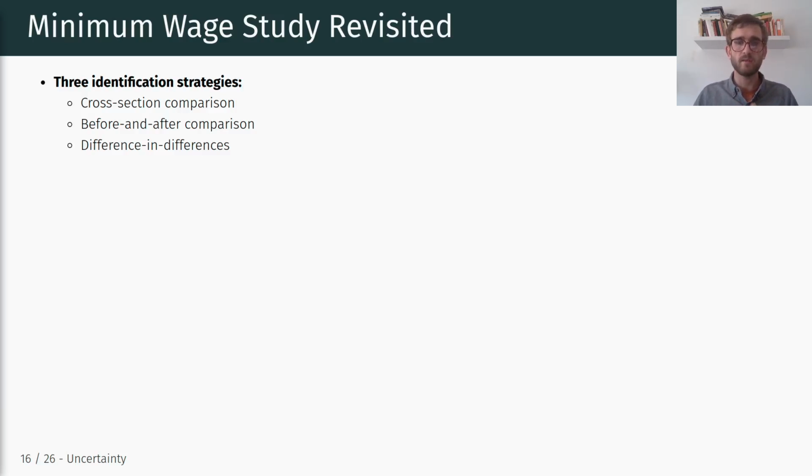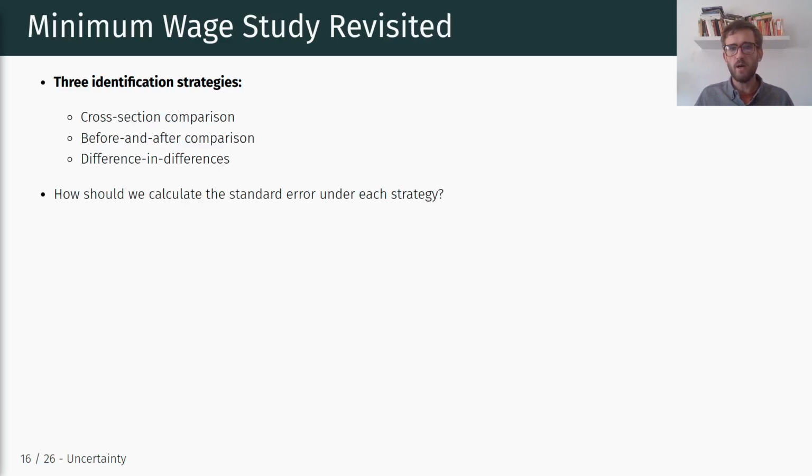And we talked about the difference in difference analysis, where you look at the change in Pennsylvania versus the change in New Jersey before and after the minimum wage was increased. Okay, and now the question is, how should we calculate the standard error under each strategy? How can we quantify the uncertainty under each of those conditions?